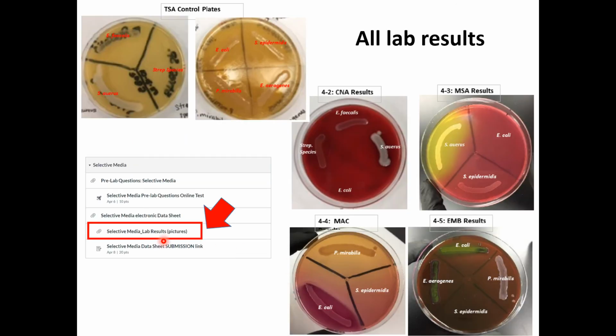And for this part that says lab result pictures, this is what we are providing as well. It's very hard to see the control plates over here, but this is just showing how much growth we would have on the control plates. And this is just another way to see the same results that I showed you already. For this one, you can see aerogenes and E. coli.